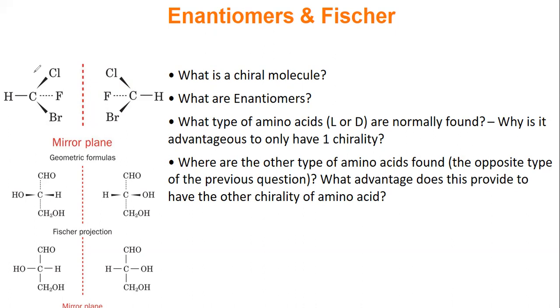Dashes mean they're going away from you into the back of your computer. So if I try to take this image on the left and rotate it onto its mirror image on the right, it would be different, because when I rotate this, the molecule that I get looks like this.